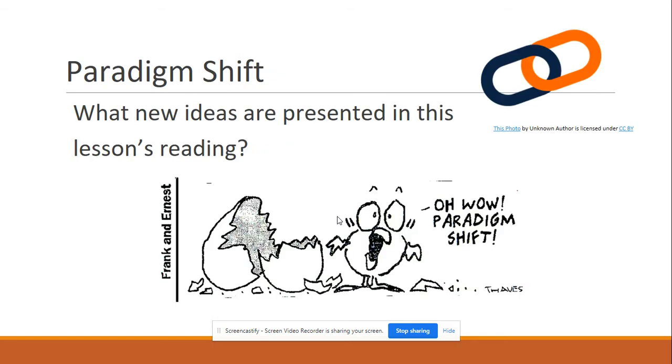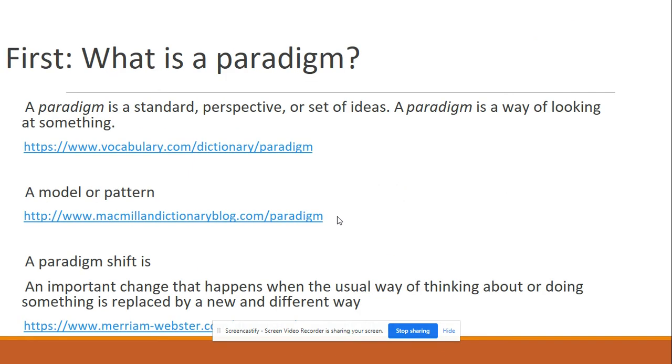And here we are going to use the term paradigm shift. That means we have new ideas, and the new ideas we're presenting in this lesson are a way to see things differently, a different perspective. What is a paradigm? A paradigm is a standard perspective or set of ideas.